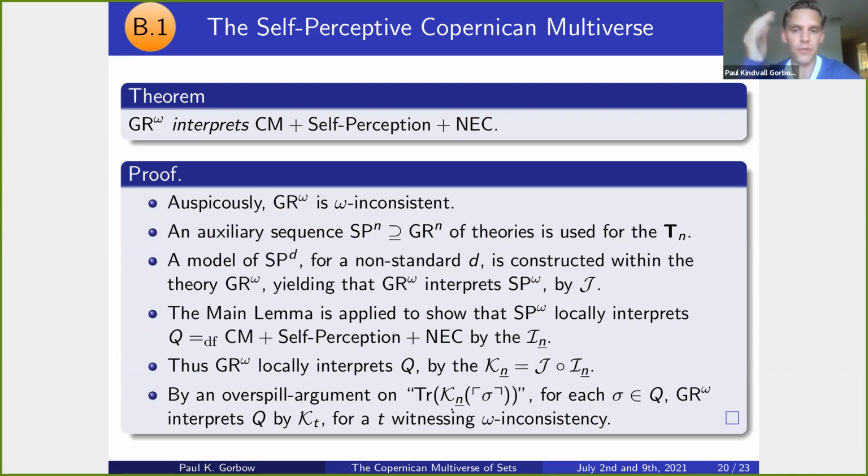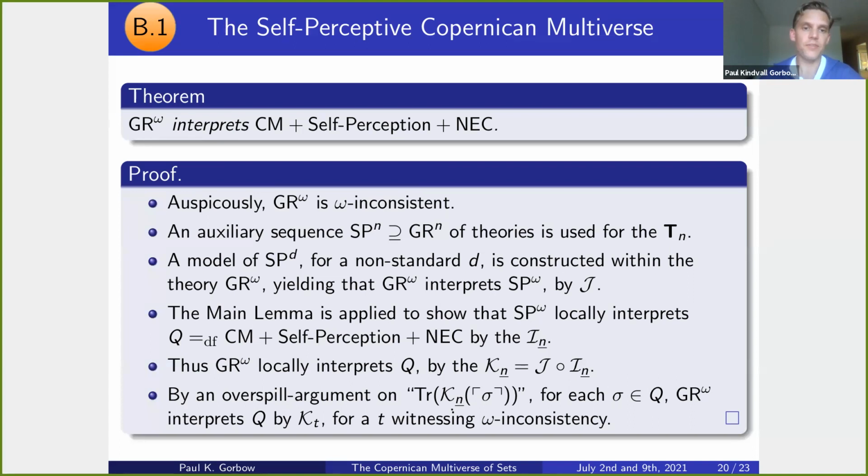So I'm just going through the major steps in the proof. First of all, observe that GR_omega is omega-inconsistent. This is useful. That means that we can get hold of a non-standard number. We can define a non-standard number and use that.